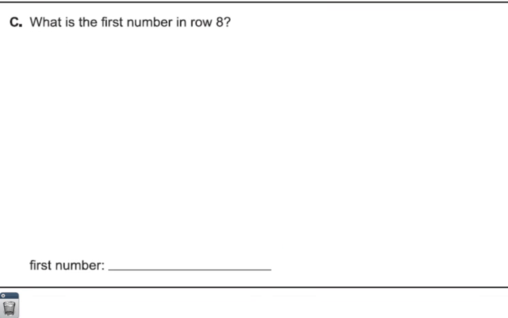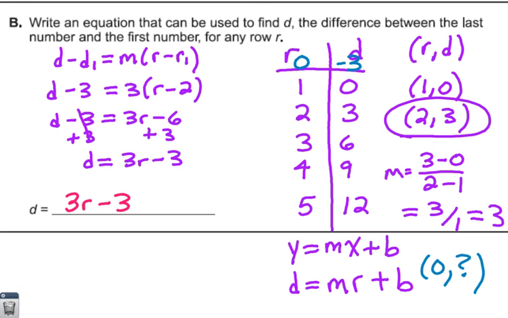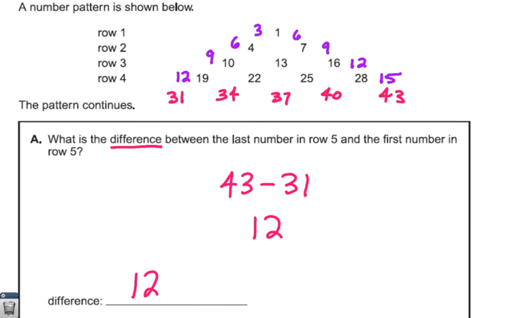All right. What is the first number in row 8? The first number in row 8. Now, we could literally write out all of row 6, all of row 7, and then all of row 8.